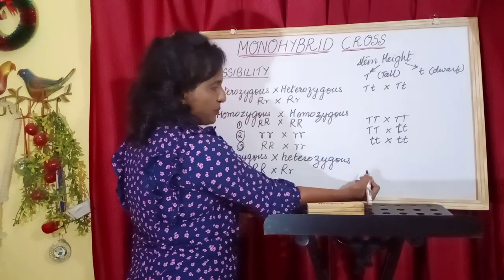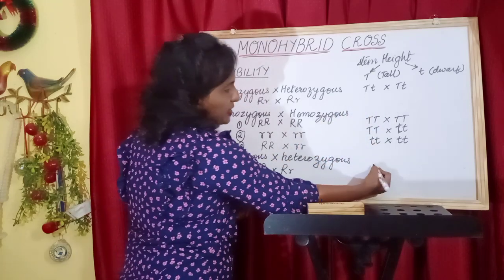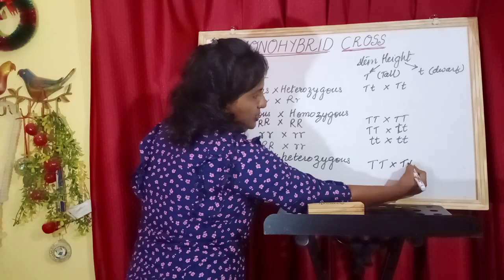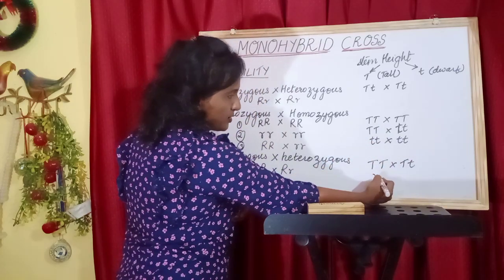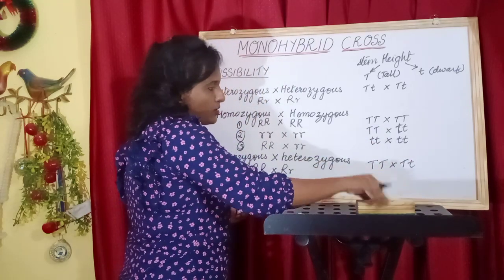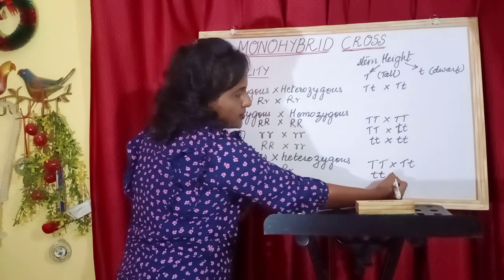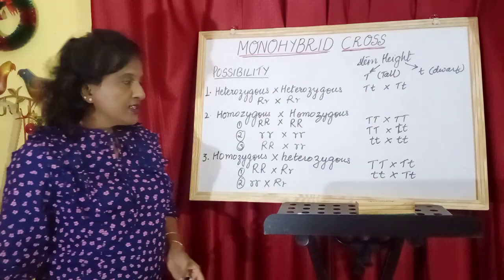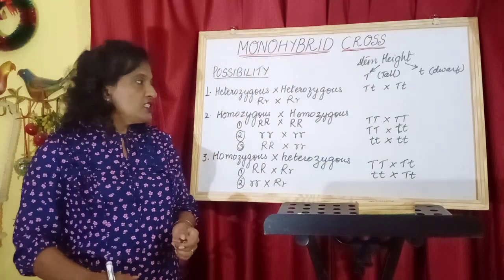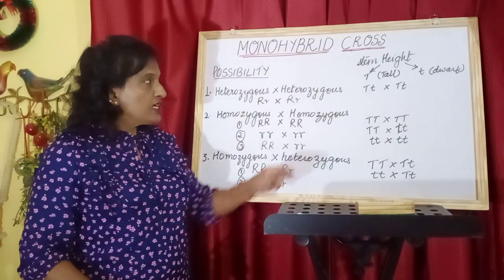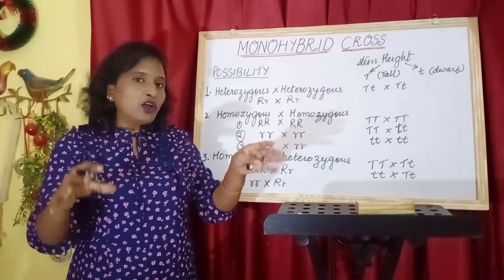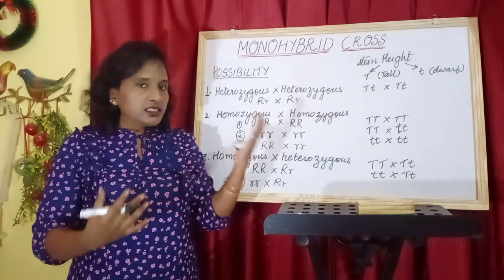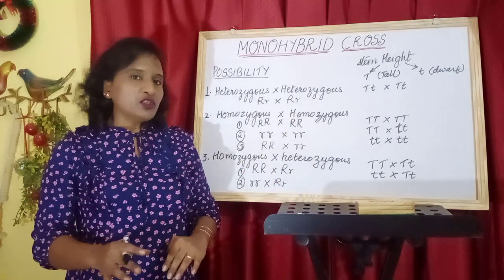Similarly, if I take this example for the stem height, we can take capital T crossed with capital T small t, or small t crossed with capital T small t. So these are the various possibilities by which the question could be asked, and this is the way we are supposed to follow once we come to know whether the particular trait asked is heterozygous or homozygous.